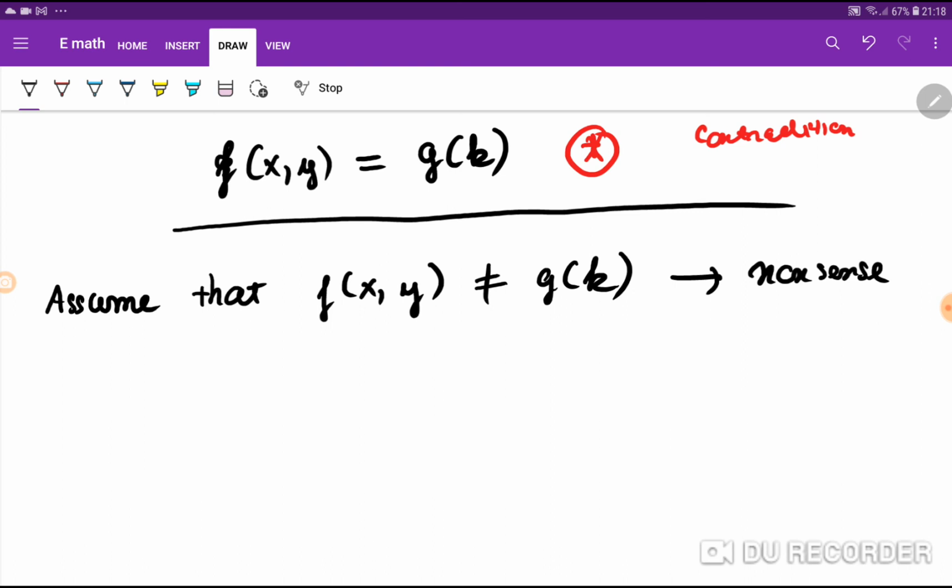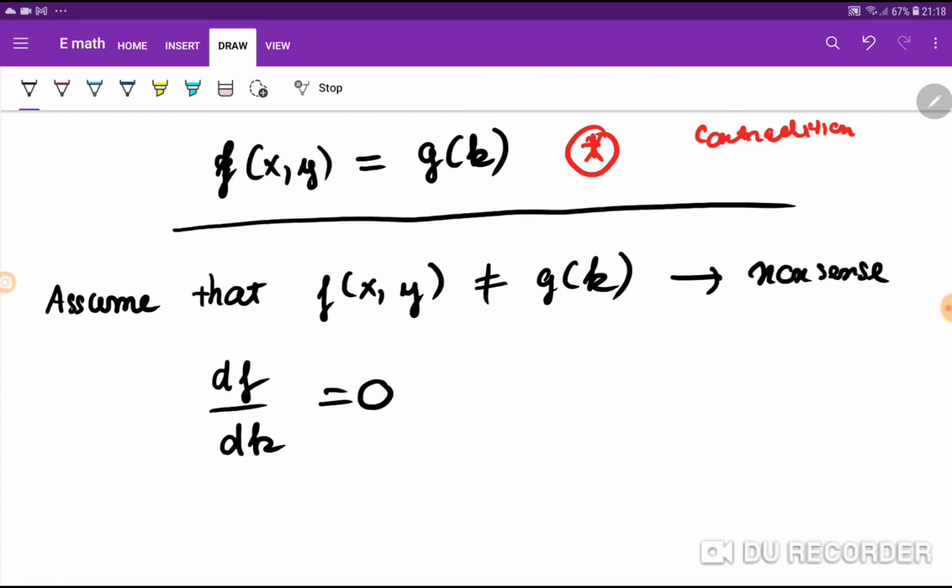So let's assume that f(x, y) is always different from g(k). So what you have is df over dk equals 0, right?